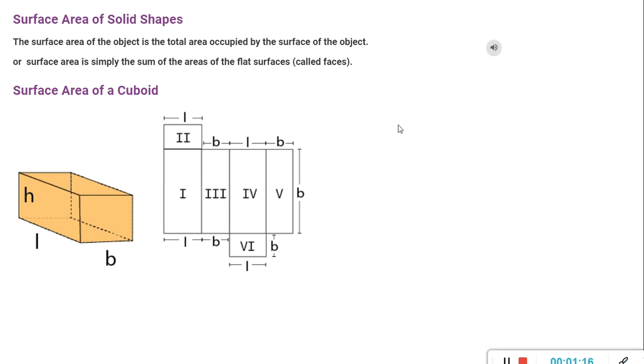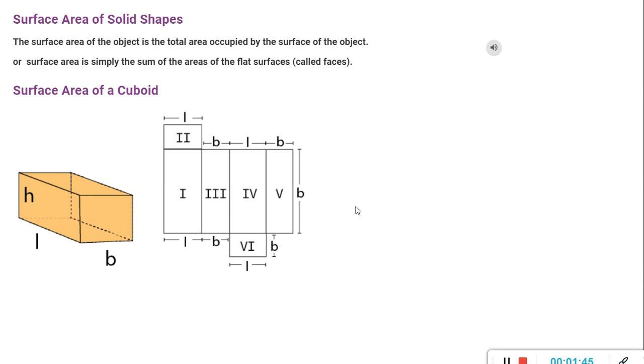a cuboid, right? So here you can see that first one and fourth one are same, third and fifth are same, and second and sixth are same, right? So here length, breadth and height are given. So first length into breadth, then second breadth into height, and third length into height. Same way again, length into breadth, breadth into height, and length into height.